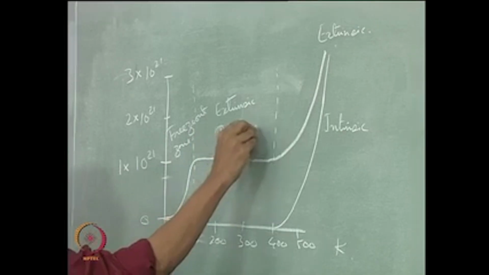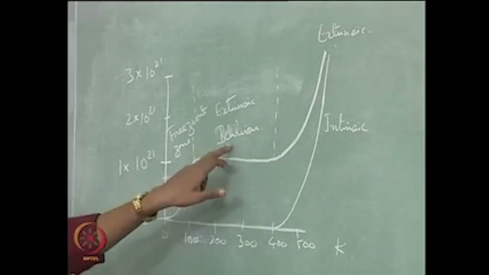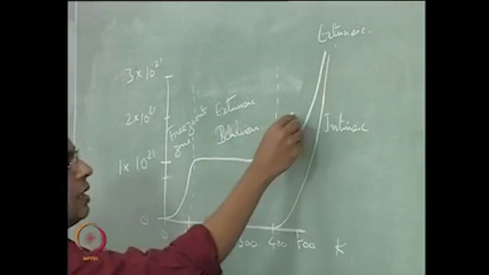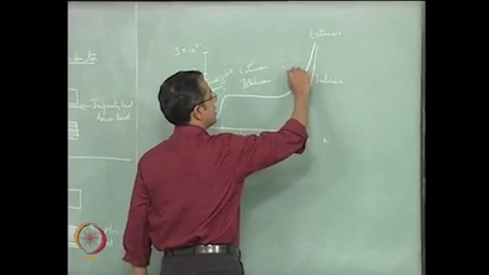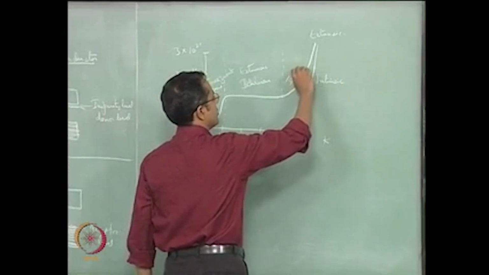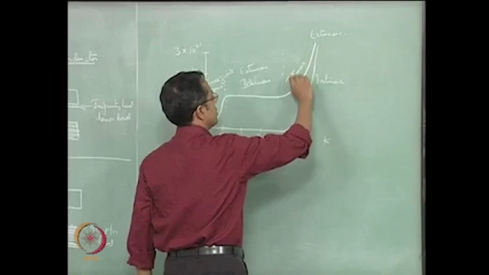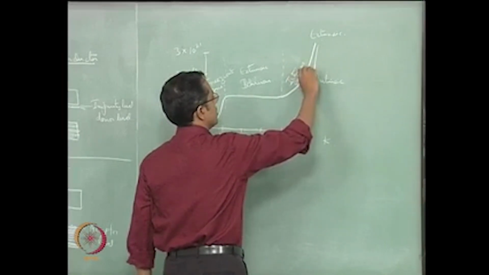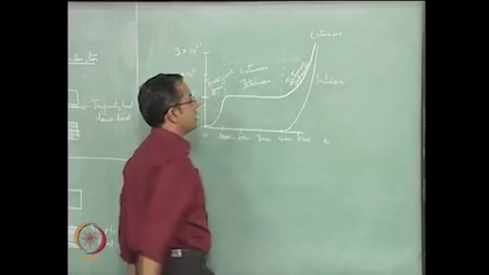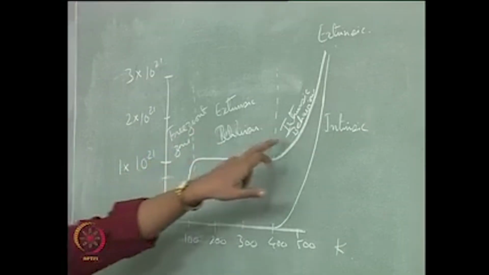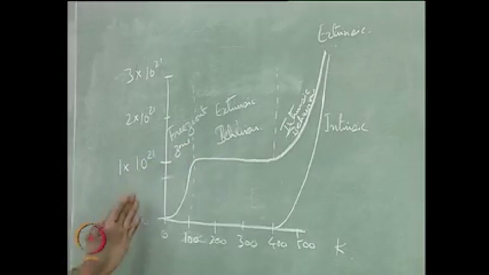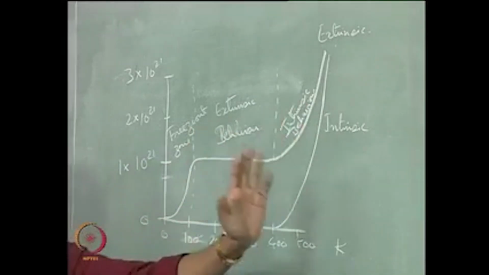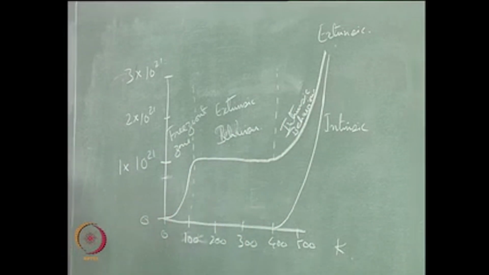So extrinsic behavior you have here, and then once you cross this temperature range here you start seeing intrinsic behavior. Right. So you can get extrinsic behavior here and then intrinsic behavior here. So as you raise the temperature eventually it starts behaving like an intrinsic semiconductor, the material begins to behave like an intrinsic. So this is what you see.